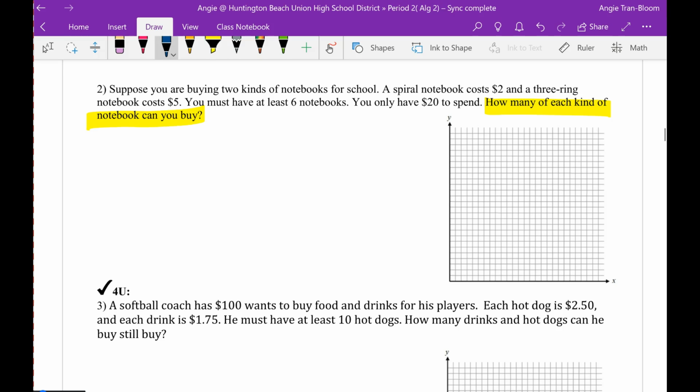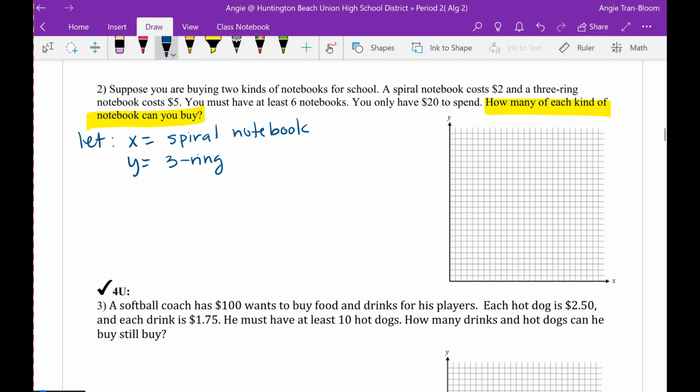Okay. So let X be what? Let Y be what? You get to choose on this one. Joseph, let X be what? Perfect. Spiral notebook. And then that means Y is? 3-ring notebooks. Yep.